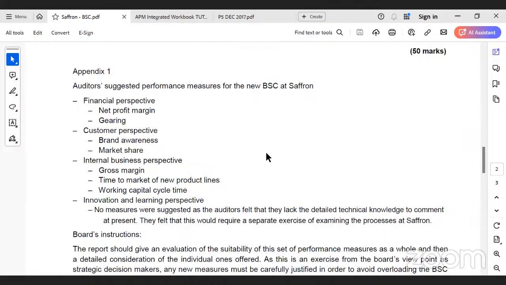So on the customer perspective, there's just a brand over this. But at the start, it says these guys have been open for last 10 years. So it's not like a new one. I mean, Saffron started 10 years ago. They have been in the market for some time, right?